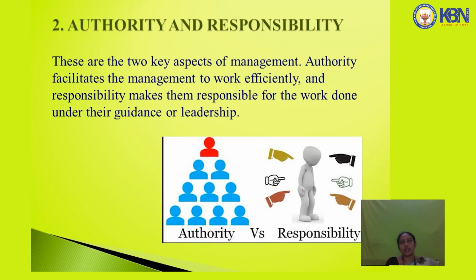And authority and responsibility. Authority and responsibility means for every employee the work should be allocated with authority as well as responsibility. If he is given only authority, he just assigns that work to his subordinates and finishes it.